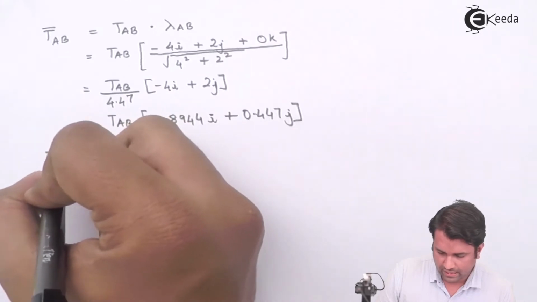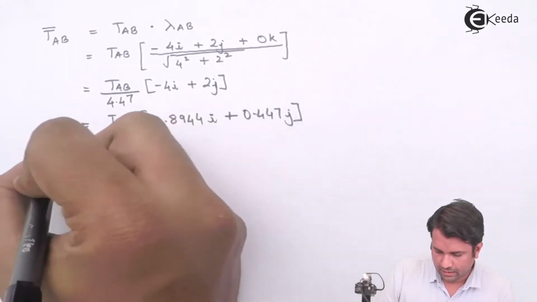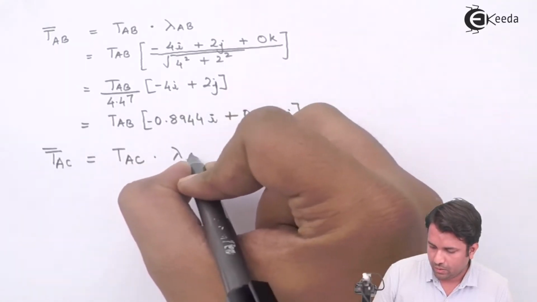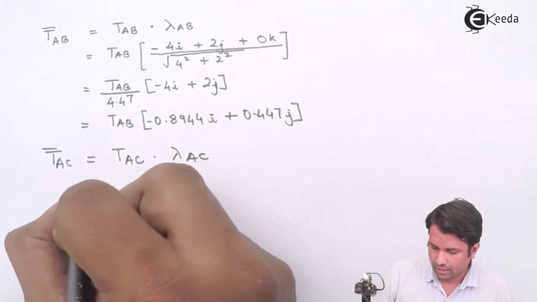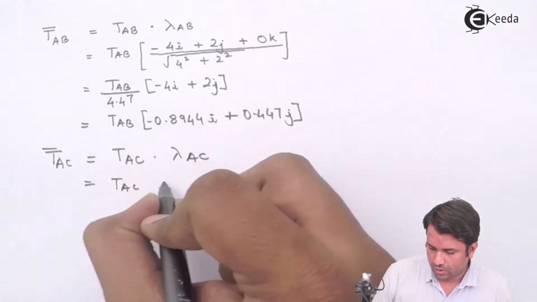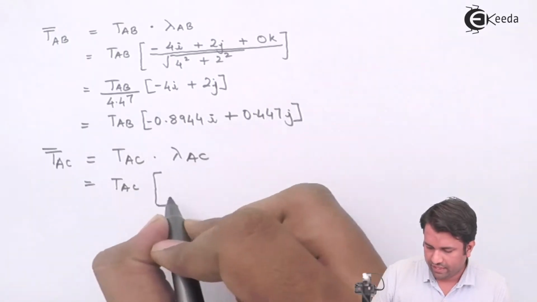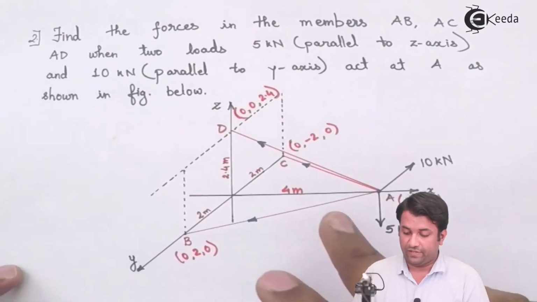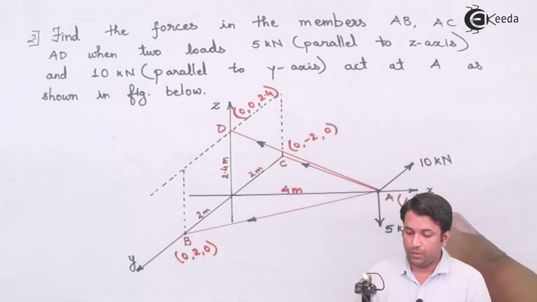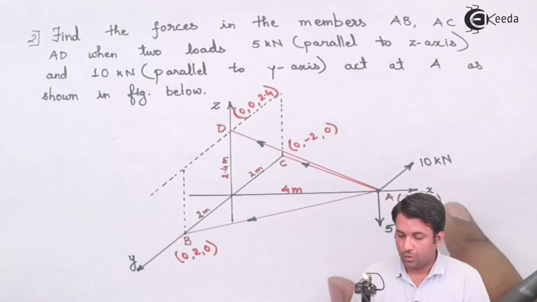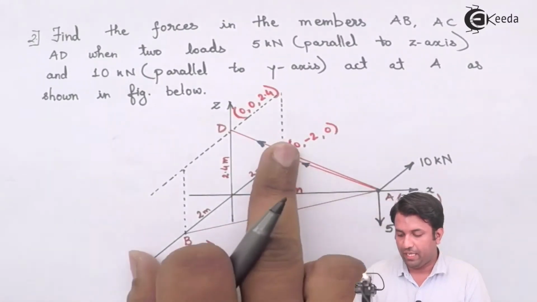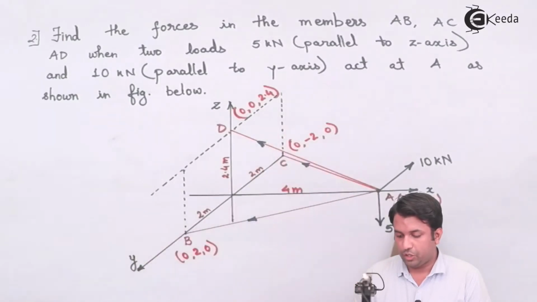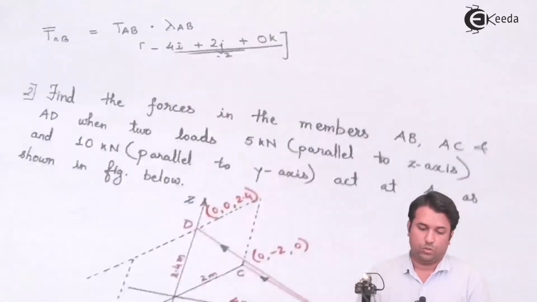For AC, I'll write it as the magnitude T_AC times the unit vector along AC. The unit vector will be C minus A. I have the coordinates of C as 0, -2, 0, and A is 4, 0, 0. So C minus A will be -4, -2 and 0.